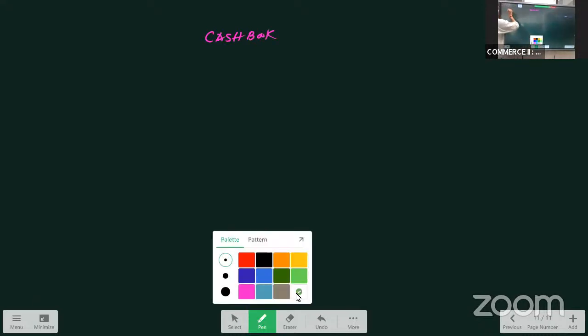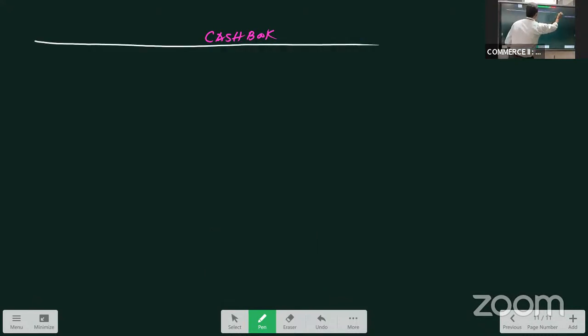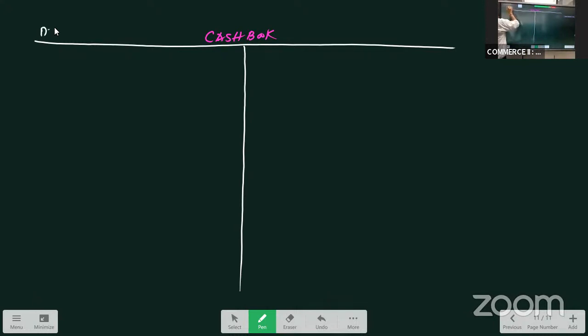Ledger is divided into two parts. Left hand side and a right hand side. This is debit side. This is credit side.